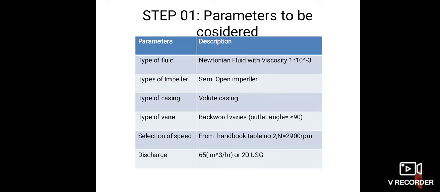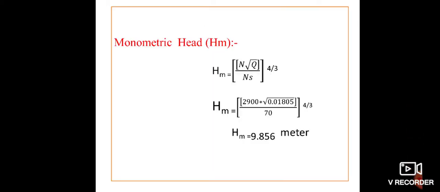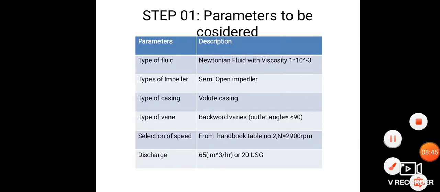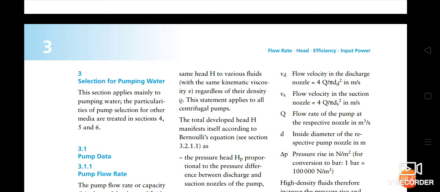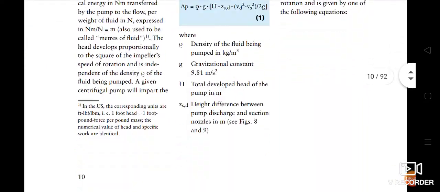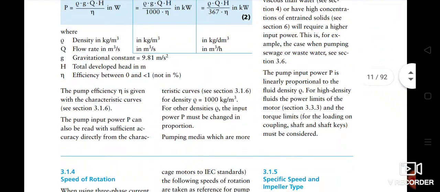Then the selection of speed. For selecting the speed, we use the data handbook. I will show you a data handbook. This is the data handbook, taken from the internet.